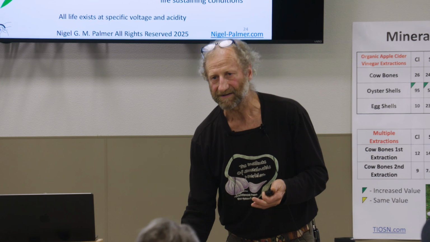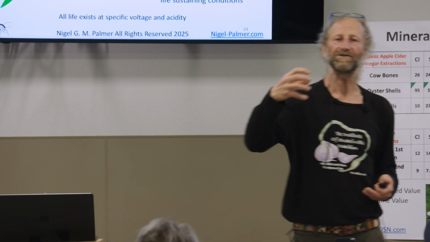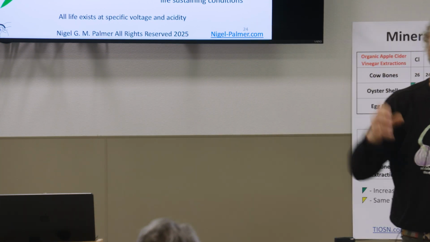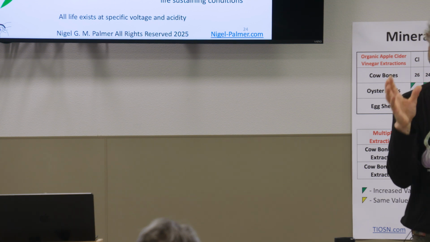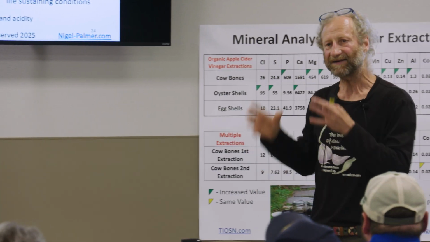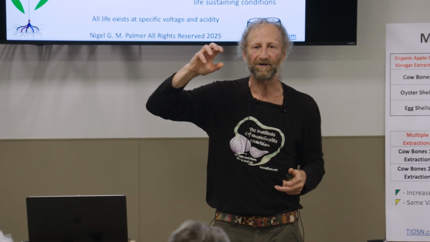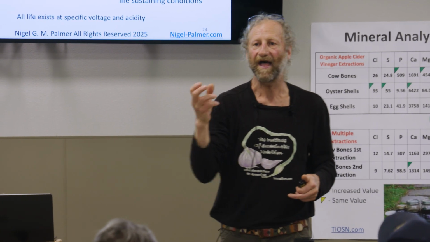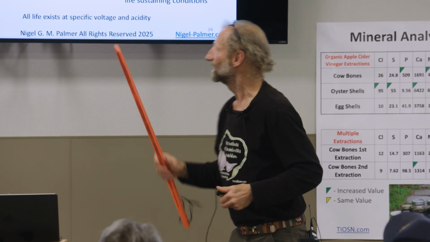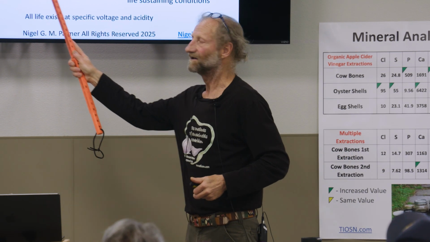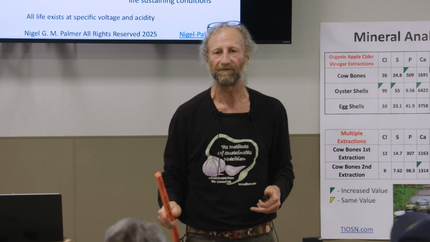And what Olivier has actually shown is that fungi exist in very specific voltage and acidity environments. Bacteria exist in very specific voltage and acidity environments. And a healthy plant exists in a very specific voltage and acidity environment.